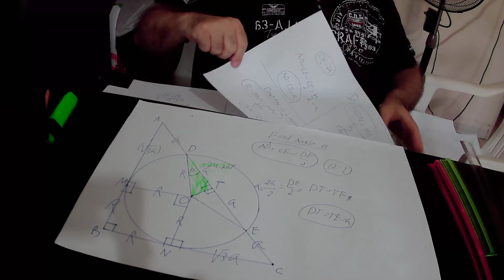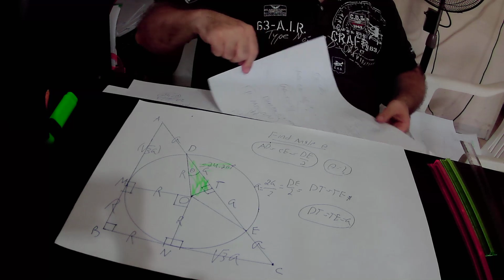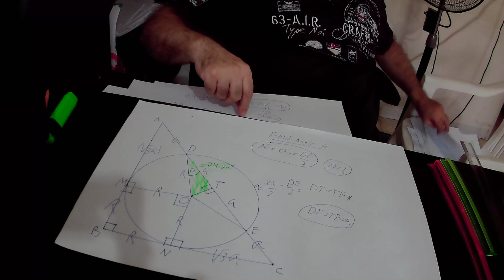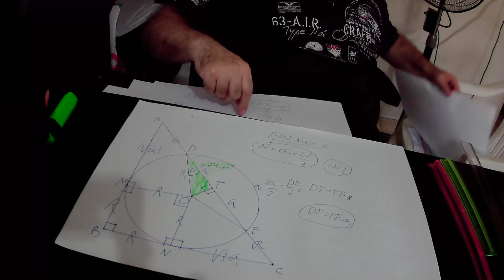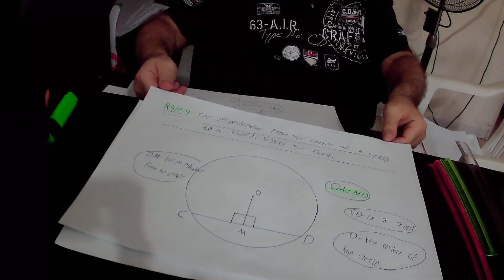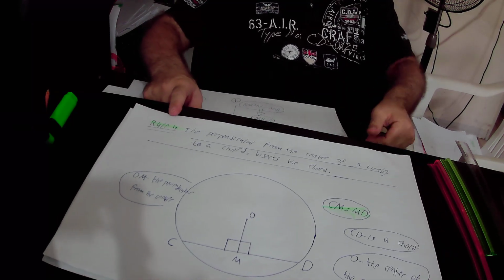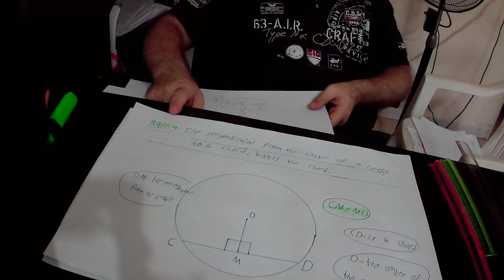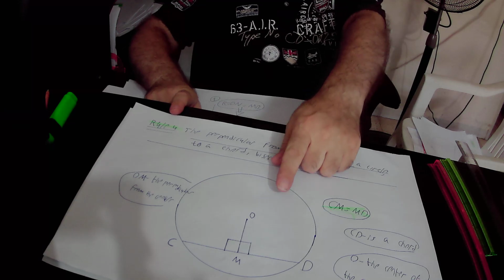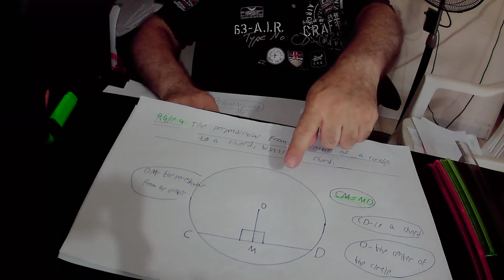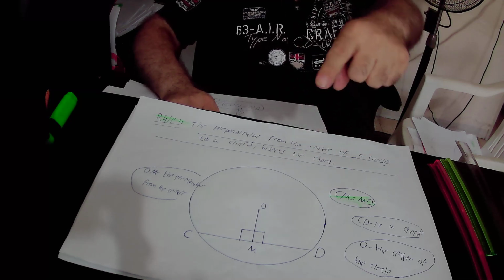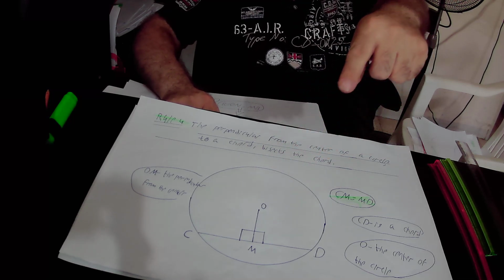Then I presented to you rule number 4. According to rule number 4, the perpendicular from the center of a circle to a chord bisects the chord. The center of this circle is point O. We draw perpendicular OM on chord CD, and according to this rule, the perpendicular OM bisects the chord.